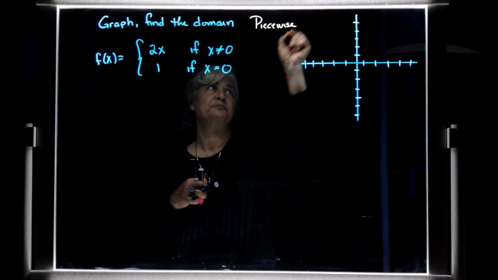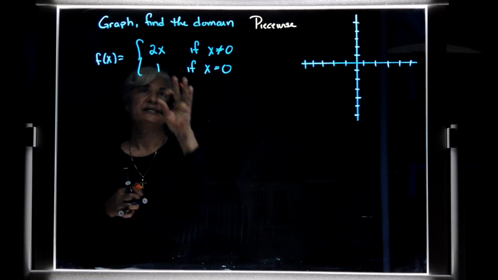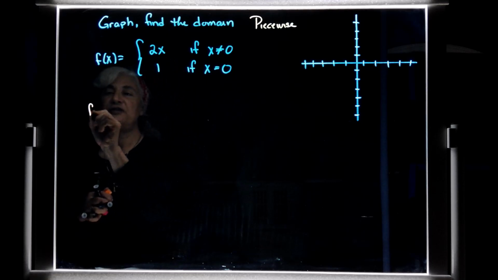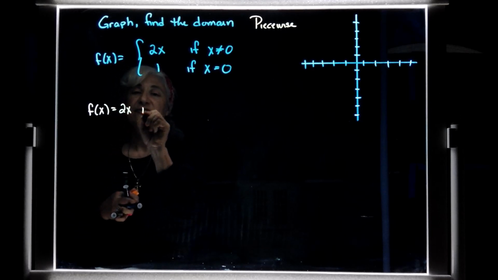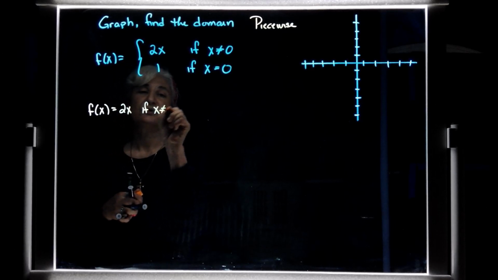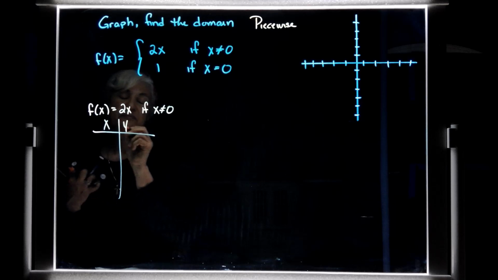So, let's make certain we understand something. They tell me that the function is equal to 2x if x doesn't equal 0. Well, if I create a table, that means x could be what?